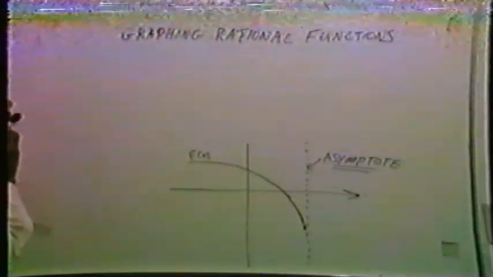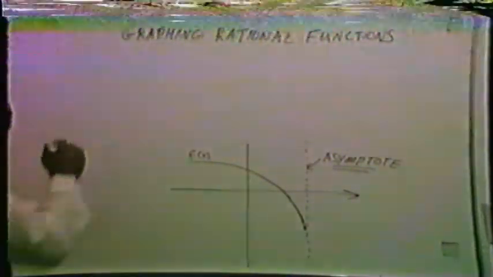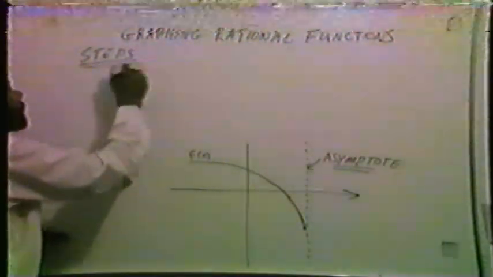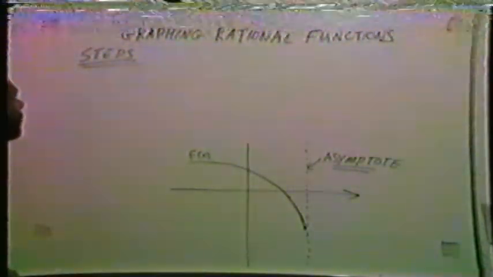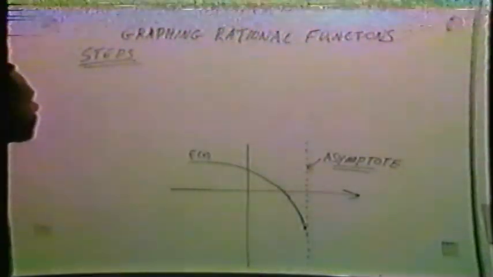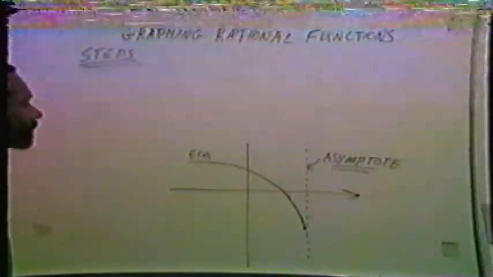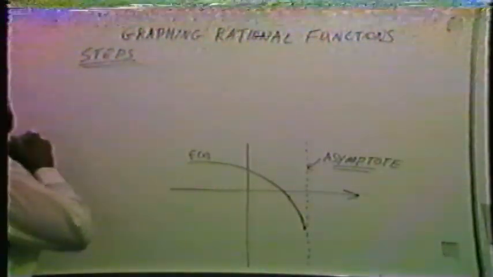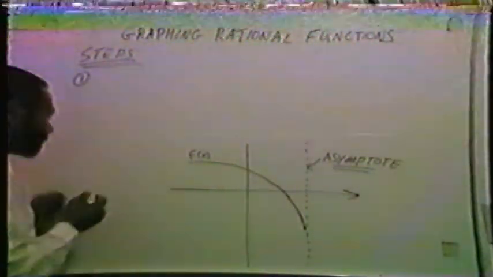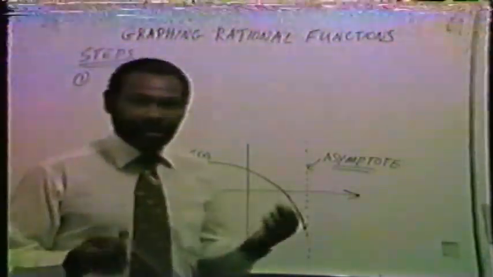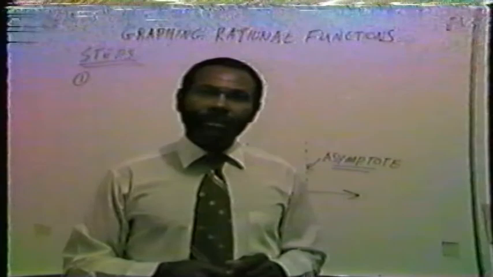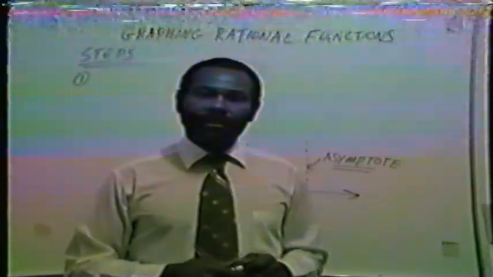First of all, step number one, when you're graphing rational functions, the first thing you have to do is reduce the rational function to lowest terms. You have to make sure that the rational function is reduced to lowest terms, and we discussed this in a previous lesson, reducing a rational expression.